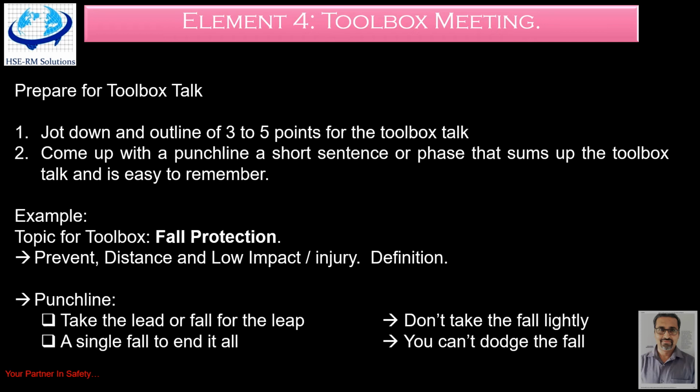So what things do you have to explain to them? What things prevent you from falling, like guardrails, and you have to address where you have to anchor yourself. Then if you anchor properly, what will happen? So you have to explain the on-site condition. Then what are the things that reduce the distance of fall?